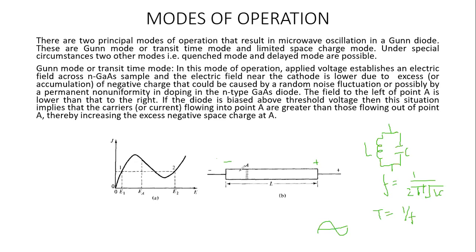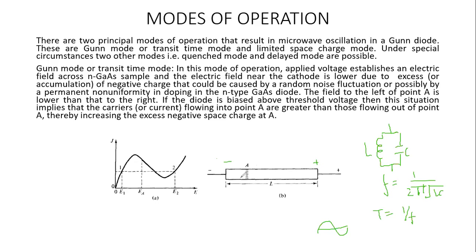Now there is a defect created in this sample at the cathode side. The doping is not uniform, because of which excess electrons are available here as compared to the other region. Or this defect may arise because of noise the moment you are turning on the system.